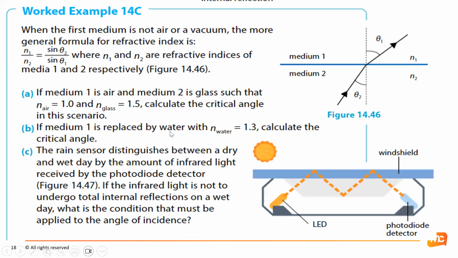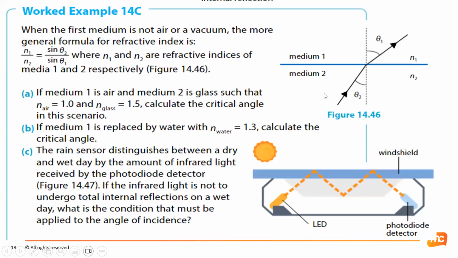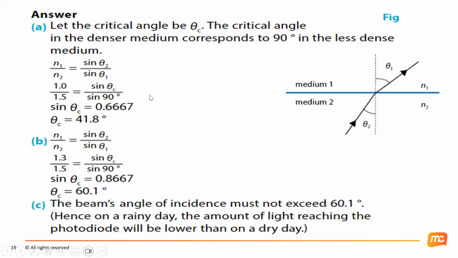Then the next question: if medium 1 is now replaced by water. So for the first one, let's take a look at the answer. They say that medium 1 is air. You can take a look at the previous question. Medium 1 is air for part A. Medium 2 is glass.